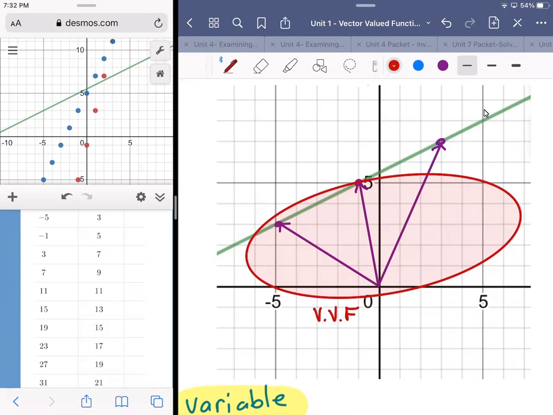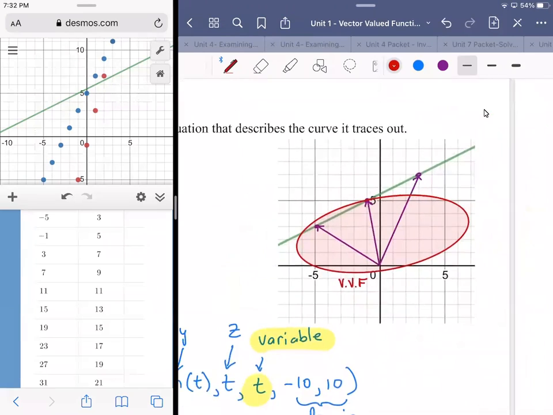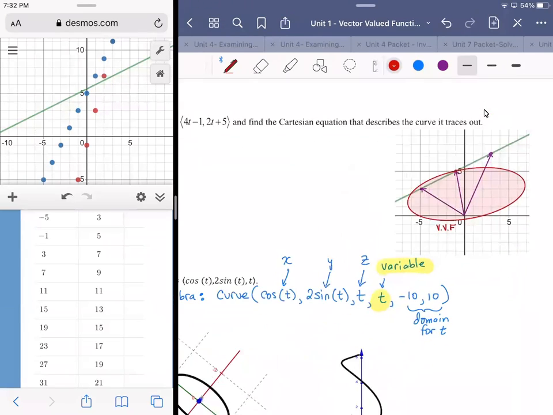But if you think of the vector valued function, especially for linears, as kind of like the braces that hold up the bridge that is the vector, the path itself, then that's probably a good way to think about it, right? But it's the table that comes from your t values. So we learned in the first unit that parametrics are giving you points along the curve, but when we think about it in the context of a vector valued function, it takes on a different meaning, because now I'm concerned with what's holding up that curve rather than the curve itself. All right.